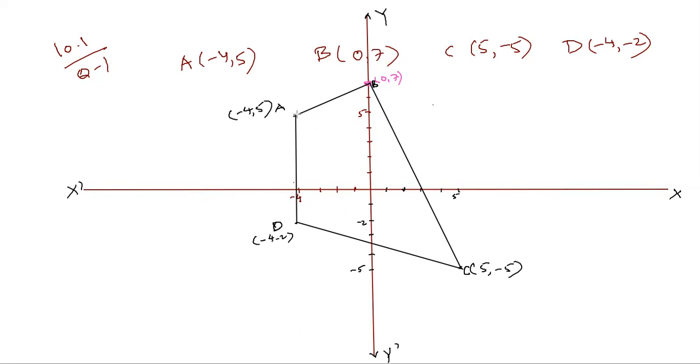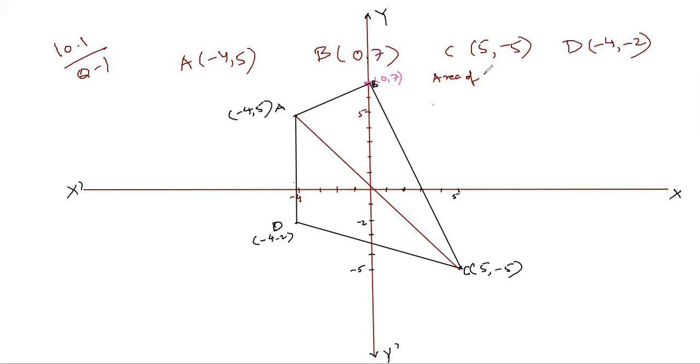We divide and add the areas of these two triangles, using the area of triangle formula that we use in class 10th. We will find the area of each triangle separately and then add them to get the area of the quadrilateral.